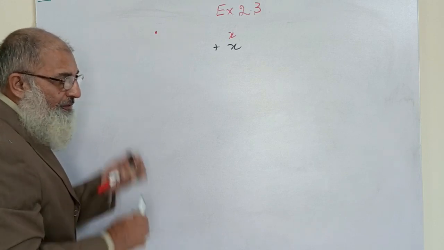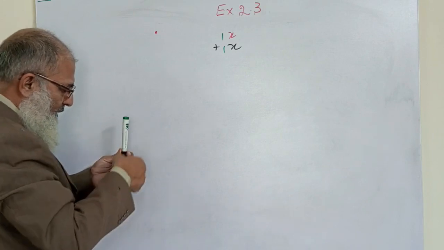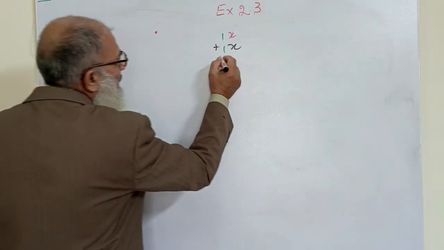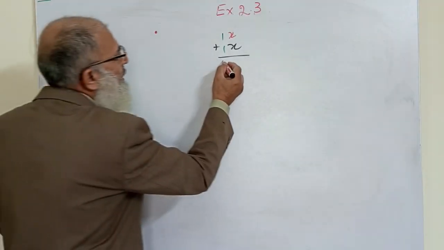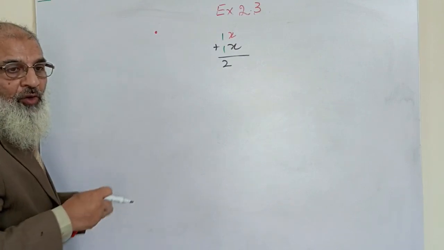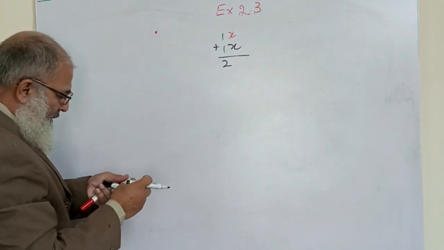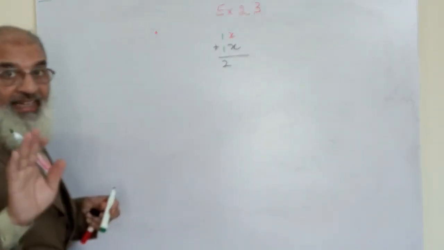So it will become 1 plus 1, just like in arithmetic, it will become 2, and the same kind of variables are not added.